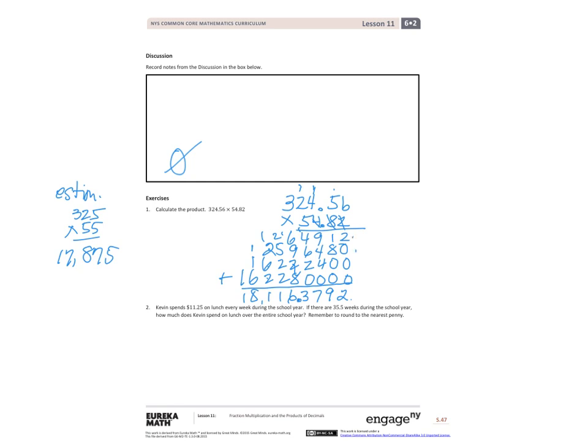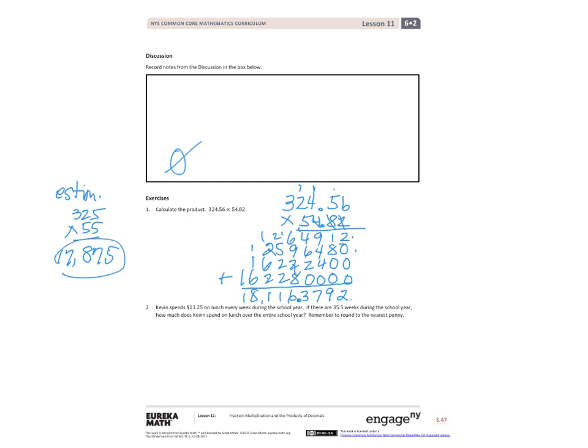How about 32456 times, now I'm multiplying by 4. I get 1, 2. So this one might be a little, let me just double check. 324 times 4, 8, 2. Yeah, I think I'm a little bit off in my math. I should be a little bit closer to this estimate.